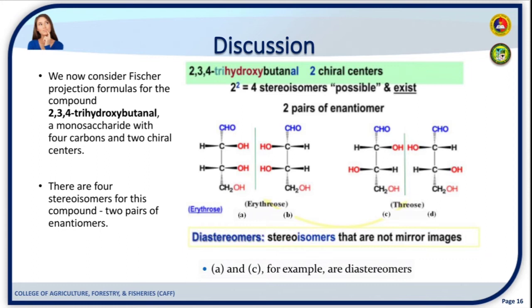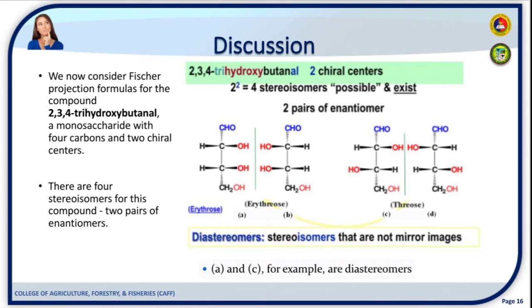The suffix "al" is added to the parent name butane because of the presence of CHO, and CHO is an aldehyde functional group. And thus, the parent name will become butanol, or the full name now will be 2,3,4-trihydroxybutanol.